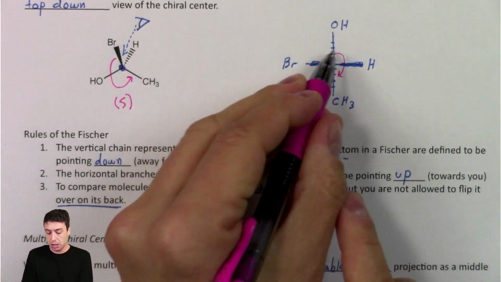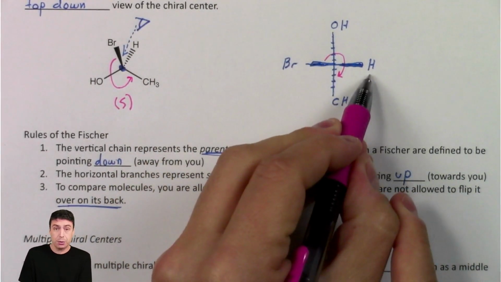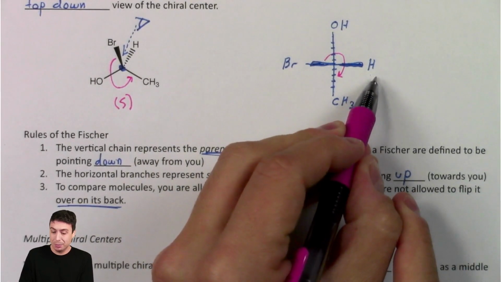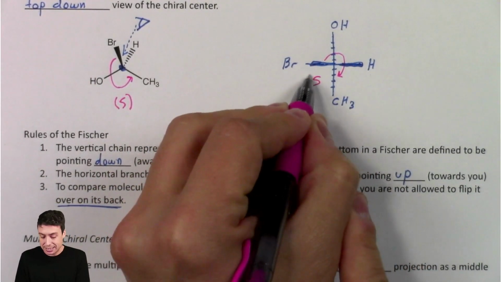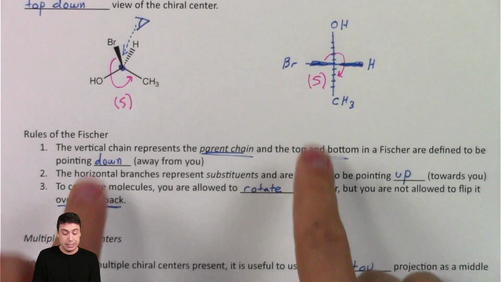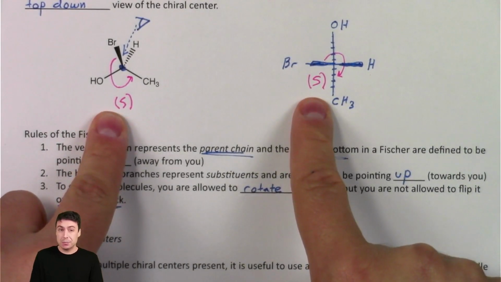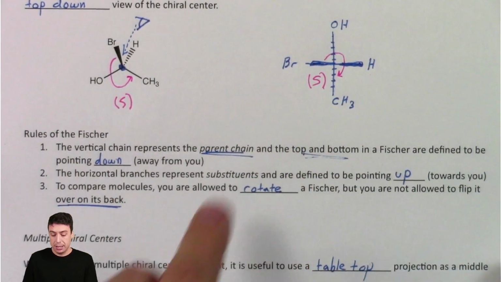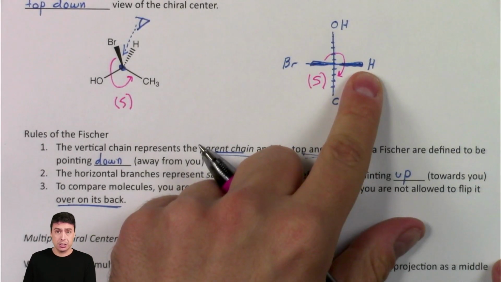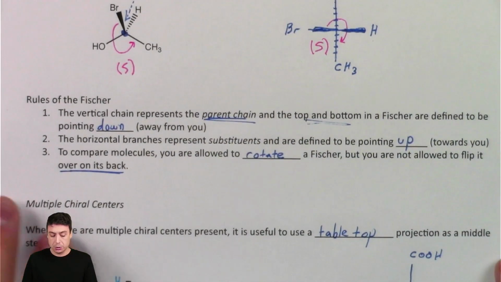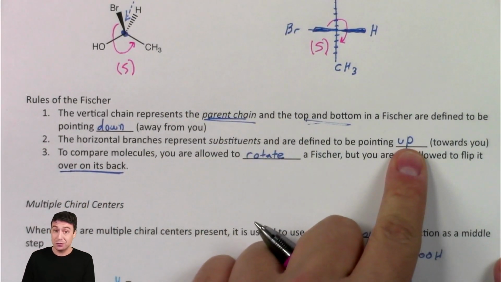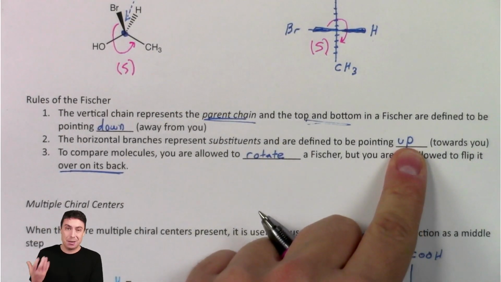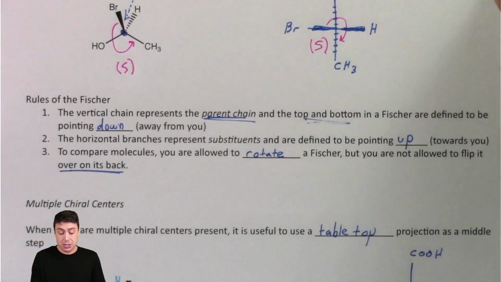So, sure, it's clockwise, but if your fourth priority is on a wedge, remember we have to flip it. So that's also an S configuration. So, yes, it matches, but just something to keep in mind that will trip you up. If your fourth priority is on the horizontal in a Fischer, remember the horizontal by definition is up towards your face. That's up on a wedge. That means it's flipped.